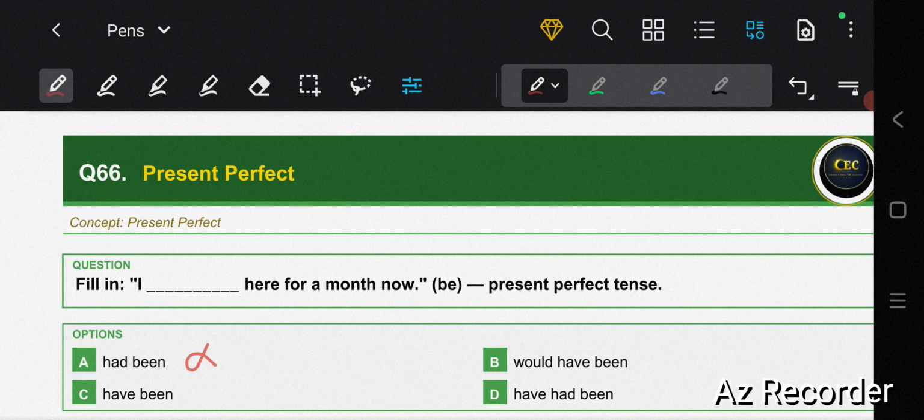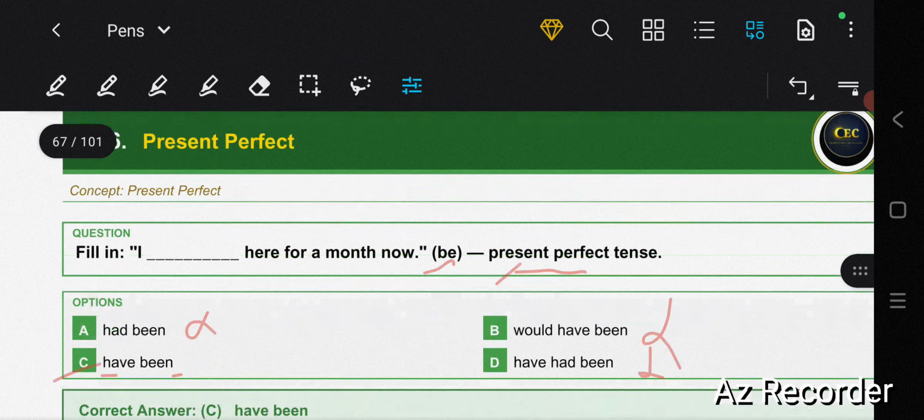"Have had been" is also not about present. Here present perfect has been asked, so these are wrong. The past participle form of the be verb is "been", and for the present we see "have". So the correct option would be C. I think this one is clear to you.